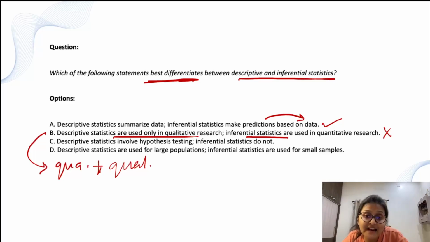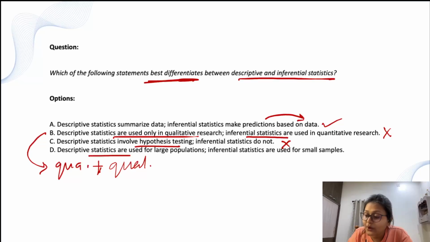So descriptive statistics only describe the data, and it is not going to make any sort of conclusions regarding the data. If conclusions have to be drawn, then hypothesis testing has to be used. So option number C is wrong.